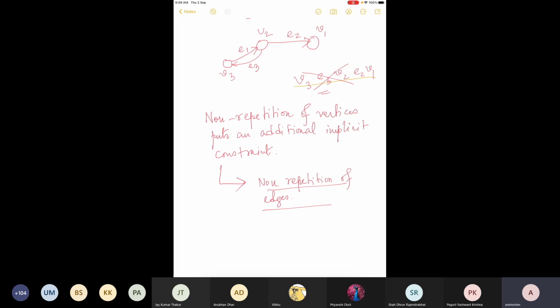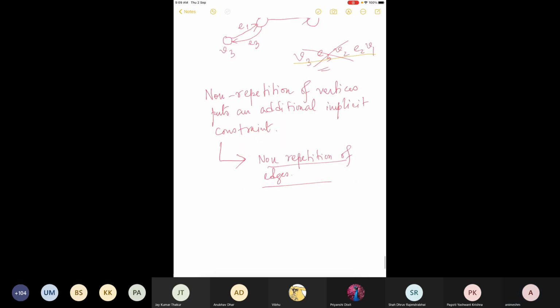Yes, now coming to the confusion. Somebody had a confusion. Sir, in the definition of path, you have told that a path is an open walk in which no vertices are repeated. Since we have mentioned the term open walk, is it necessary to mention no vertices are repeated?